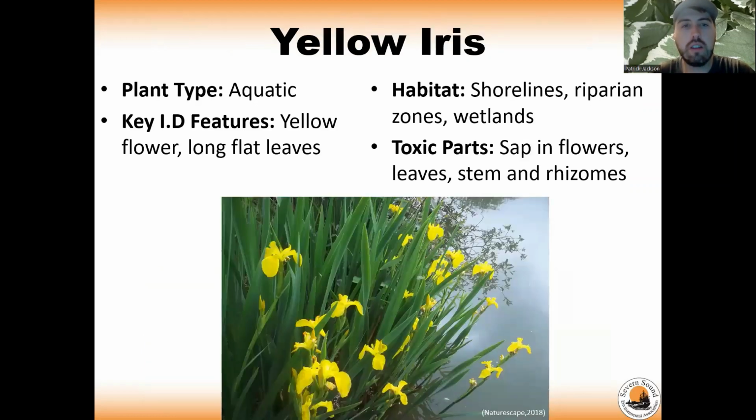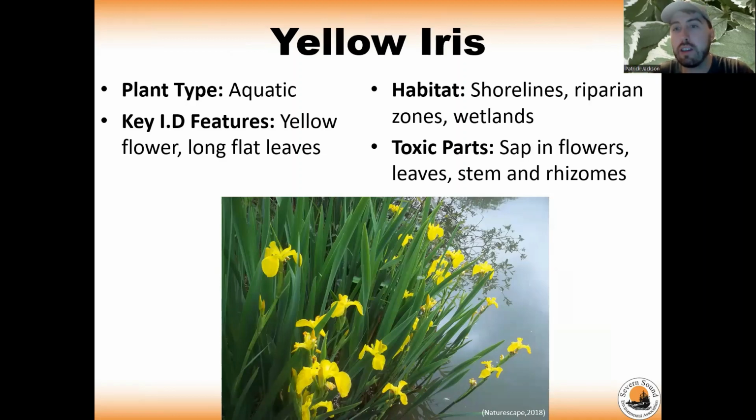Okay, and our final invasive noxious plant is yellow iris, which surprises a lot of people. It is aquatic, so you can get it in gardens, but it's typically going to be in wetlands. That's where it likes to invade.